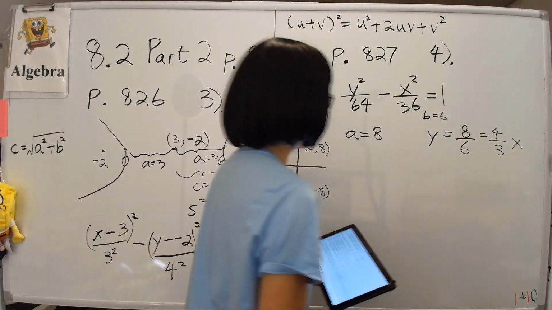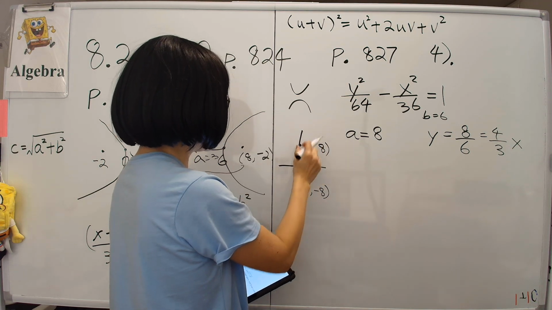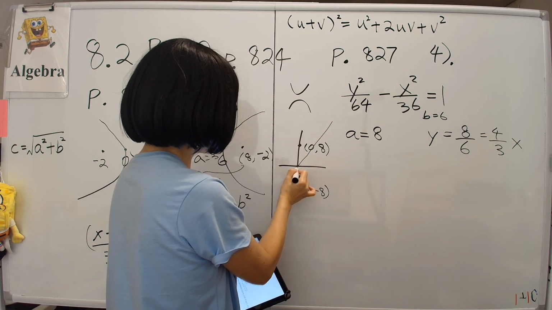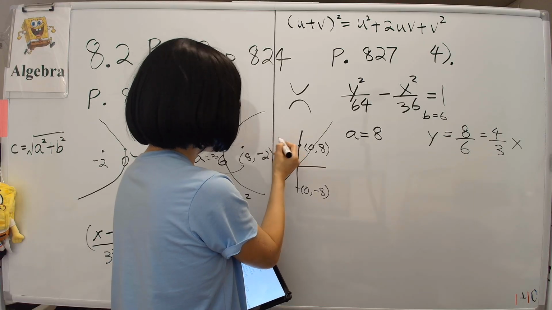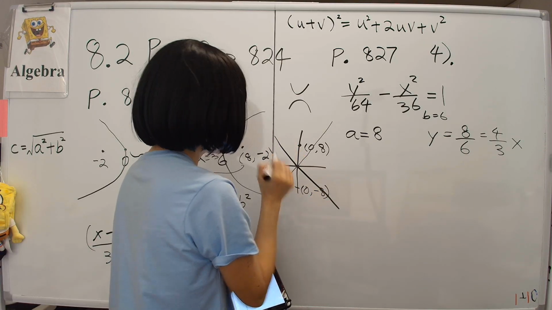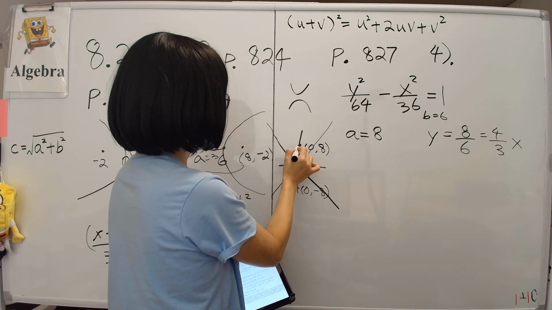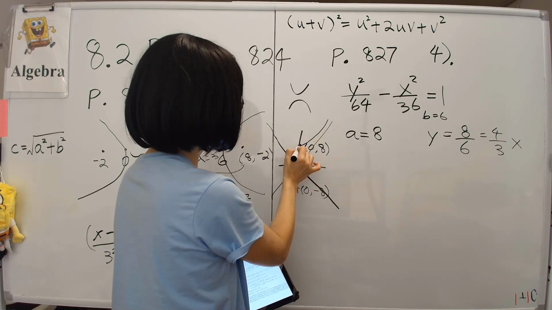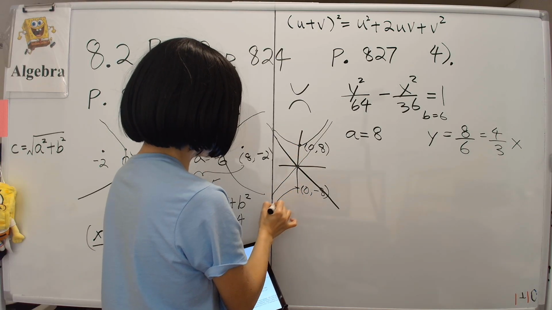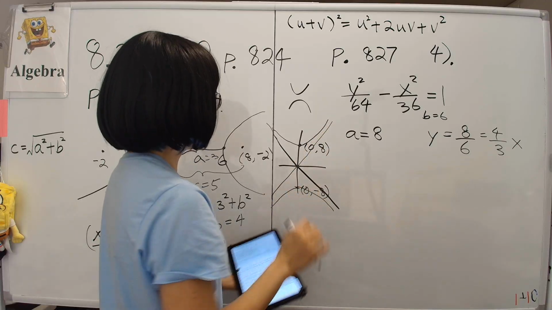So 4 over 3 is slightly more than 1, which means the asymptotes are slightly steeper than just y equals x, but not too bad. So we'll draw the asymptotes, and once we draw that, then we know how to draw the hyperbola. The vertex is here. It approaches the asymptotes on both sides, like that, and that is my hyperbola.